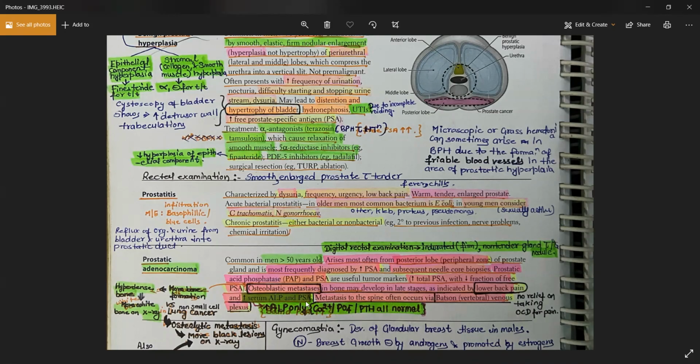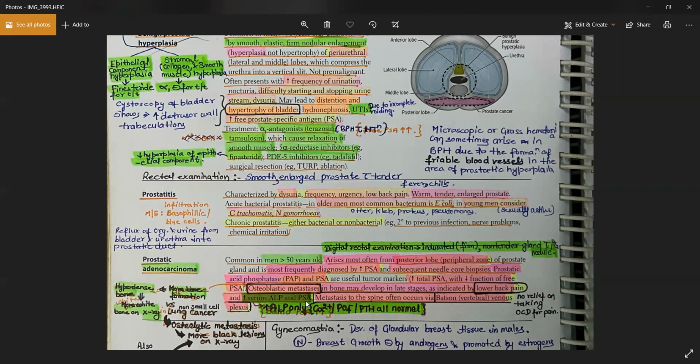Now, do you remember any other cancer where you have osteoblastic metastasis? Breast cancer can do that. Any other? Kidney, thyroid, lung: you will have an osteolytic metastasis, with bone resorption.